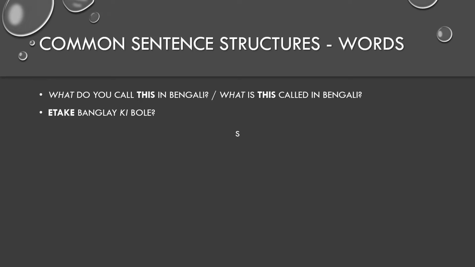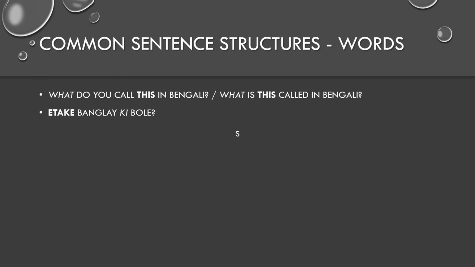The reason is in the Bengali sentence, we are going for the passive form of the sentence. So it is more like a translation of the second sentence, which is what is this called in Bengali? Not what do you call this in Bengali. What do you call this in Bengali will probably be better translated as এটাকে তুমি বাংলায় কি বলো?